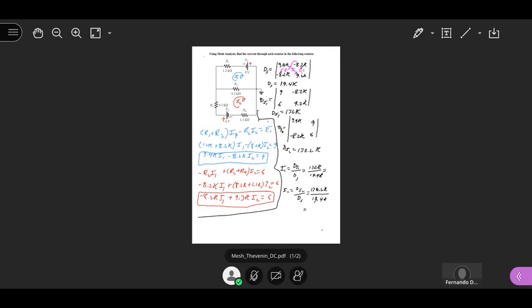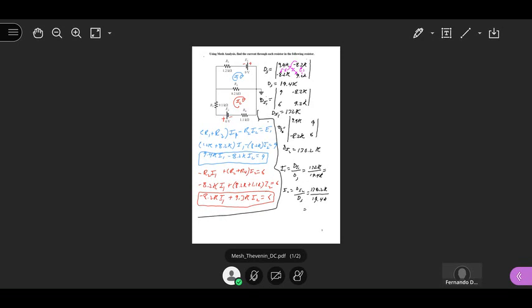This is supposed to be milliamps, because we are talking about kilo ohm resistors, and this is such a very high value. I know it's not the equations. Let me go to the equations again.